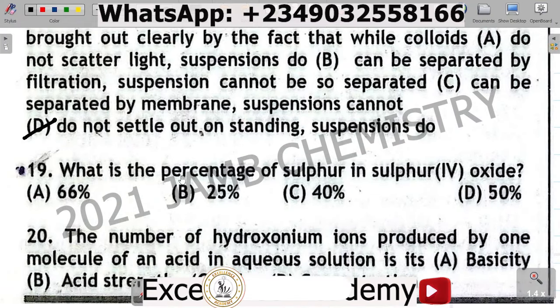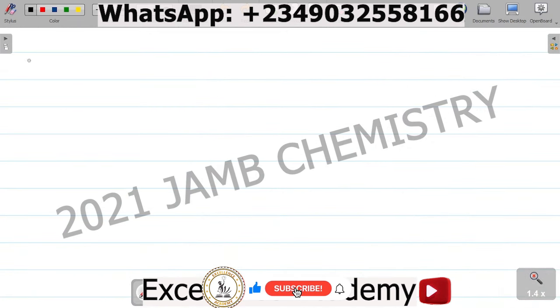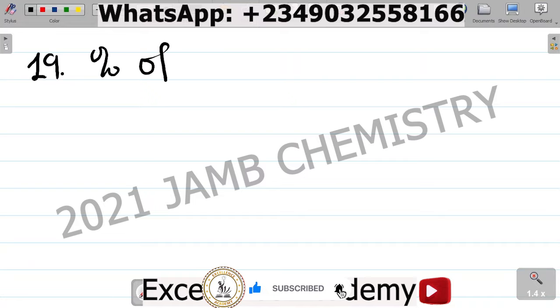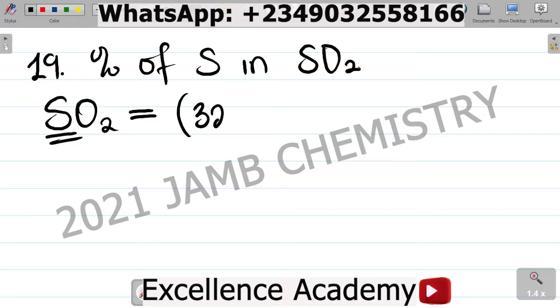Question number 19. What is the percentage of sulfur in sulfur oxide? All right, how do we solve that? We want to find the percentage of sulfur in SO2, sulfur oxide. Now, how do you find this? The first thing you want to do is to get the molar mass of sulfur oxide. For sulfur, the atomic mass is 32.